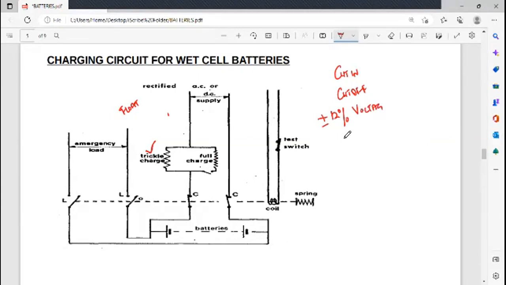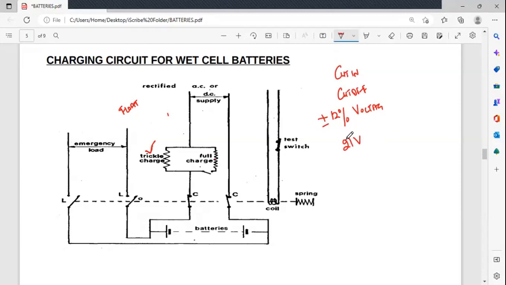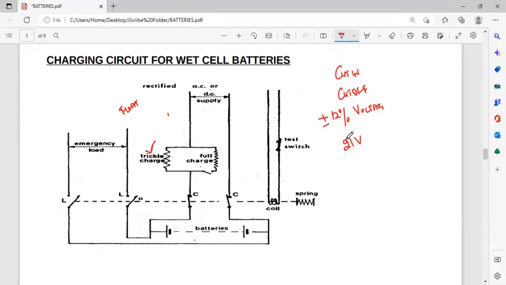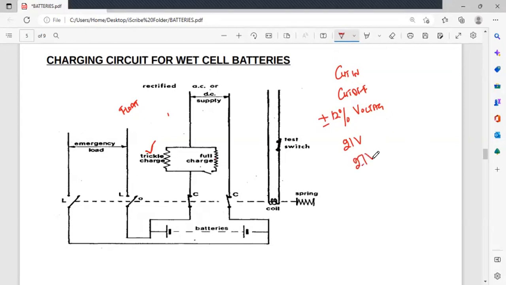So what did we say? One was 21 volts and the other one, what is 12% on the higher side? So 24 plus 2.88. So that will be 26.88 or rounded off to 27 volts.